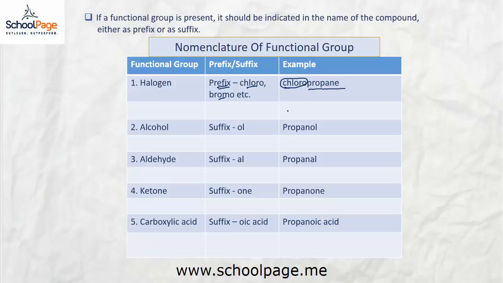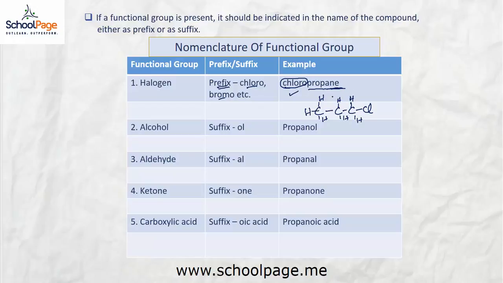So let's write the structure for chloropropane now. Because the root word is prop, it is 1, 2, 3 carbon atoms, and because it is ane, it is always a single bond. CH, H here, H here and H here, H here, H here, and chlorine here and H here.